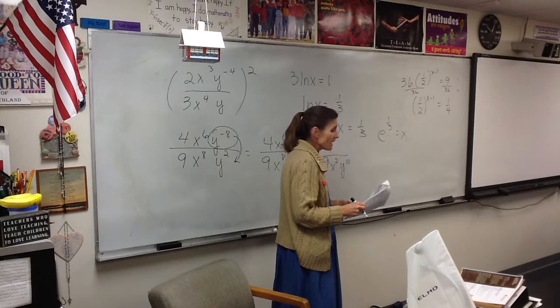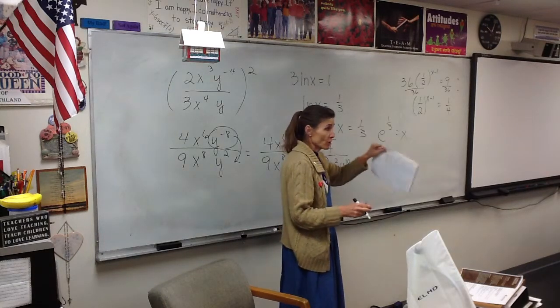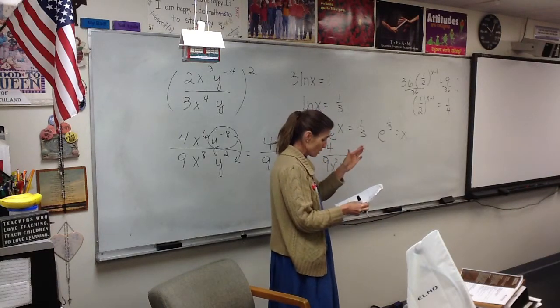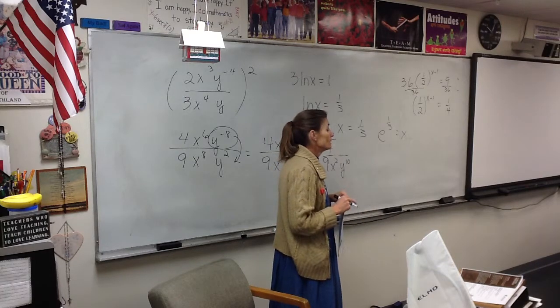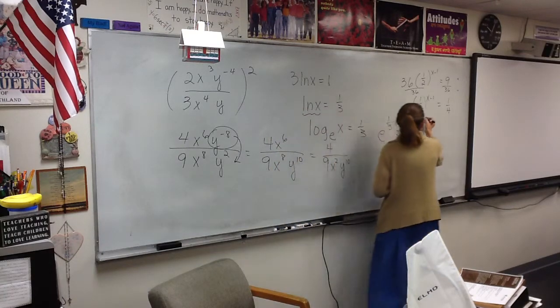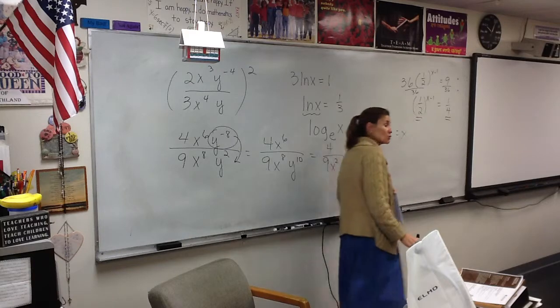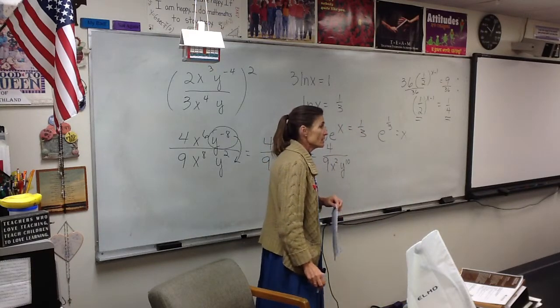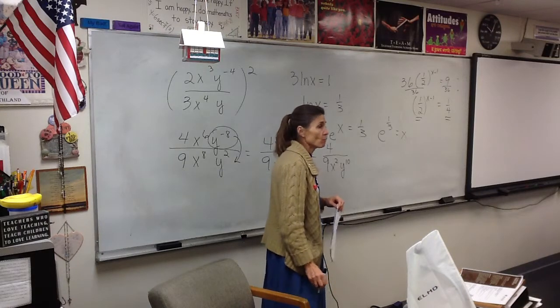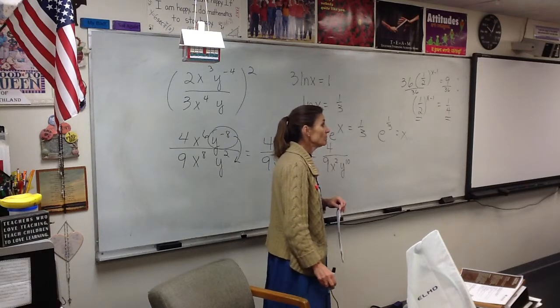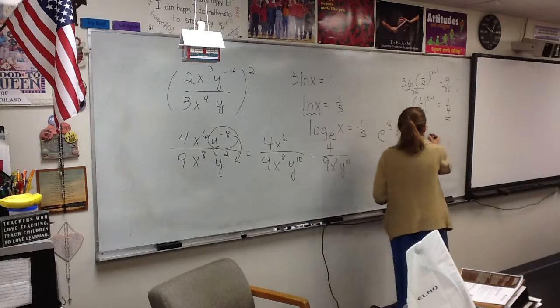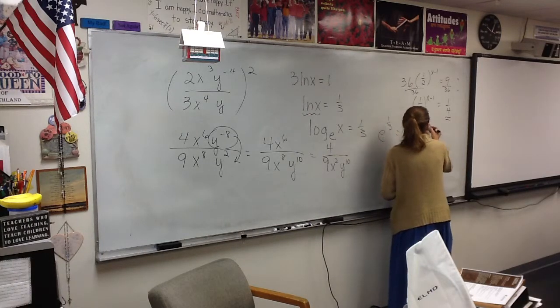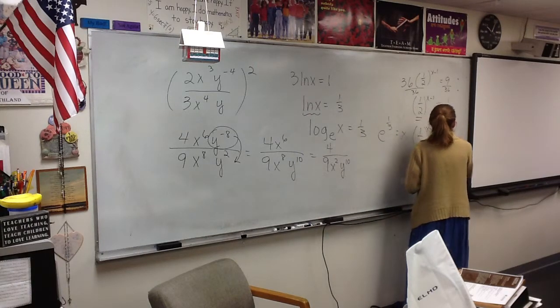Now, if I don't have a calculator, which you don't on this section of the test, then you have got to make these 2 numbers match. That's the only way you can do the problem. Can you make a 1/2 and a 1/4 match? Yeah, just leave this guy alone, and 1/4 is 1/2 squared.